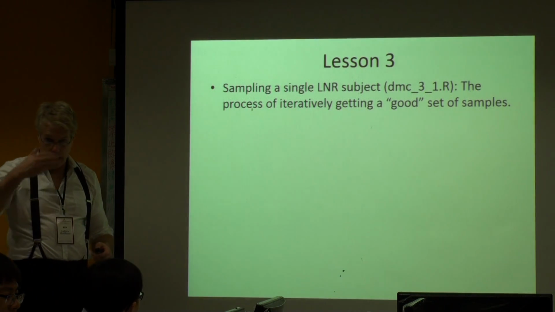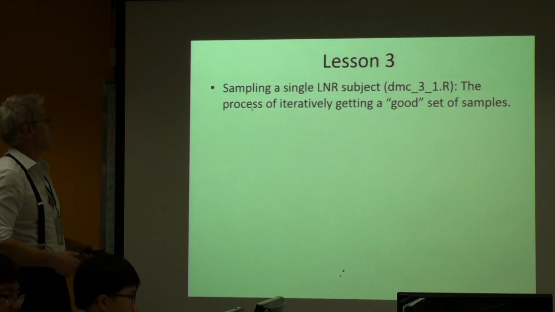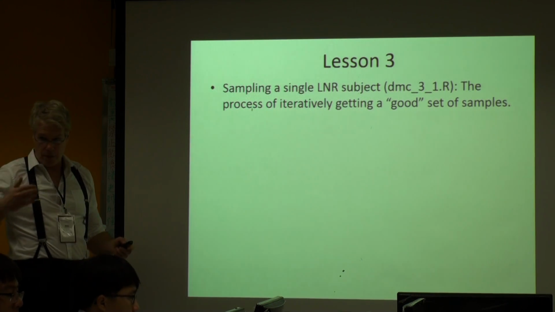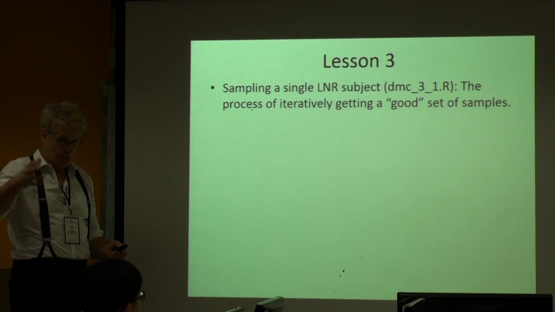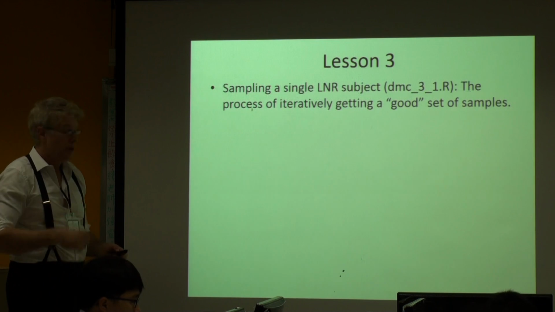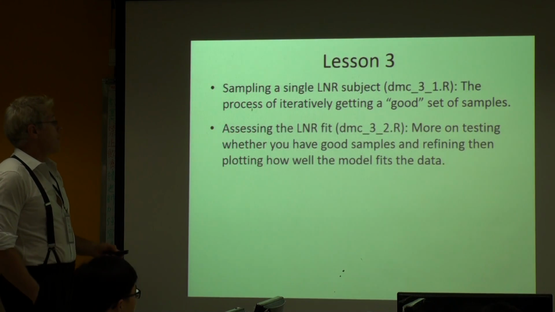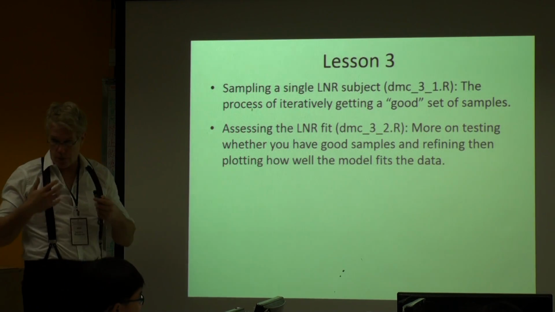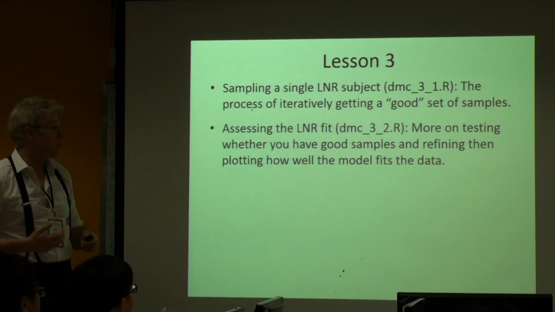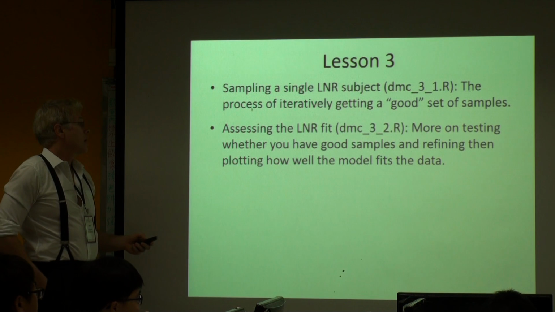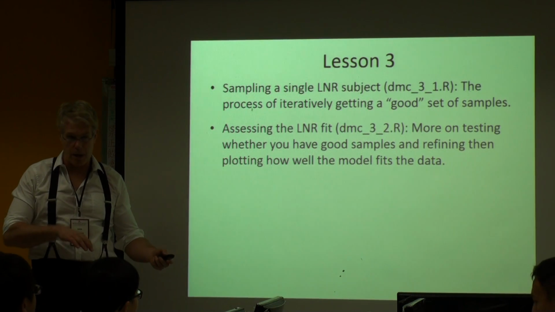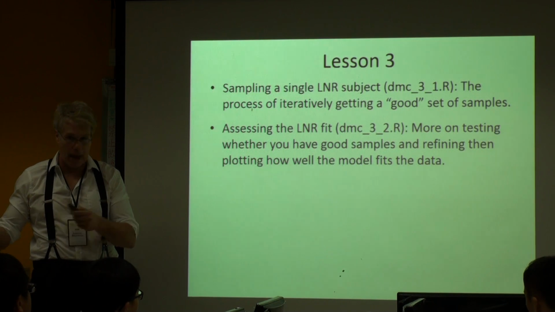In other words, simulate out of LNR as one data set and figure out how to get some good samples, which takes a bit of iteration, going back and forward. We then look at our output and extract the information from the posterior to understand our results. In this case, it's pretty straightforward in the sense that we know what the parameters were coming in and we're interested in whether we get them back.